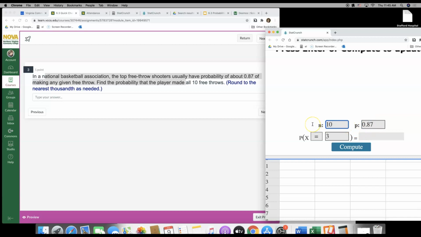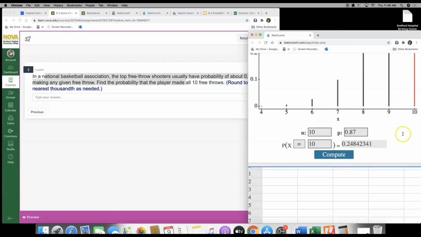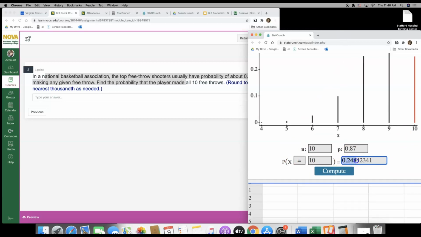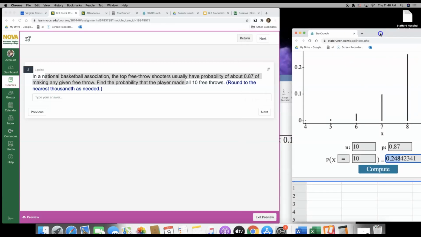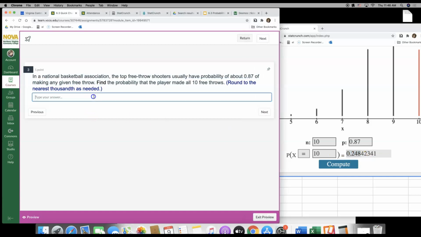Because they said all 10 free throws. So what we are trying to find is N is 10, P is 0.87. What's the probability of X equals 10? And that comes out to be 0.2484. And they said round to the nearest thousandth, so you want to just go ahead and give them 3 decimal places, 0.248. Let me go ahead and type that in here.